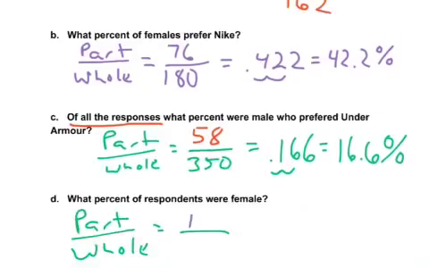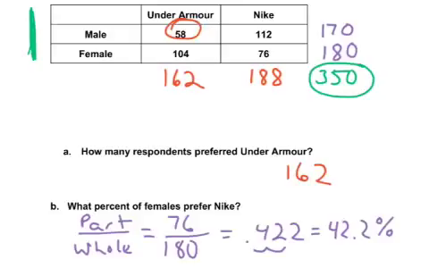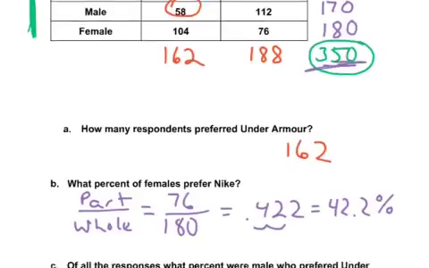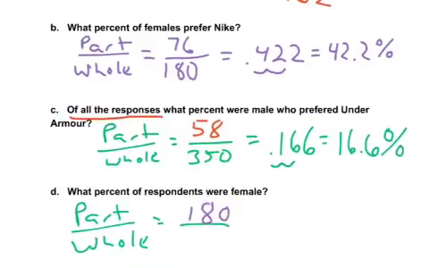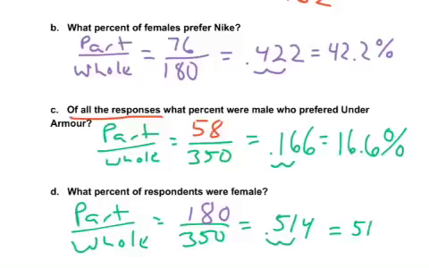Write that down. And to find the total respondents, that's our magic number in the corner, Victoria. 350 right there. So let's change colors. Grab your calc. Do your division. 180 divided by 350 is 0.514. Victoria, hit it. You move your decimal place 2 to the right, and you get 51.4%.